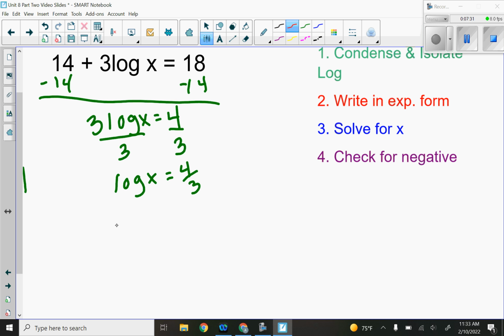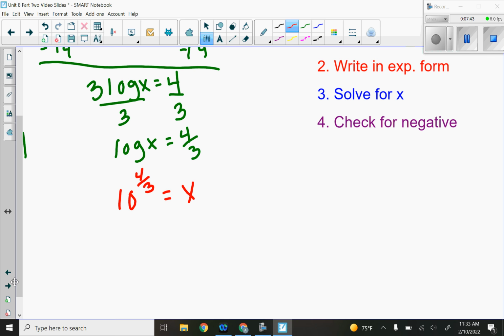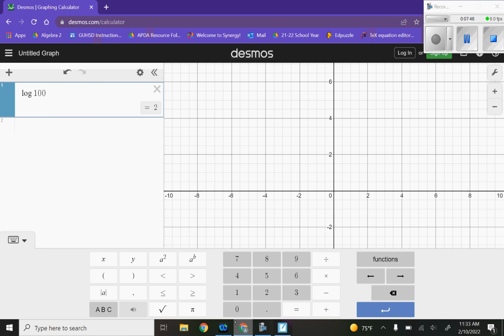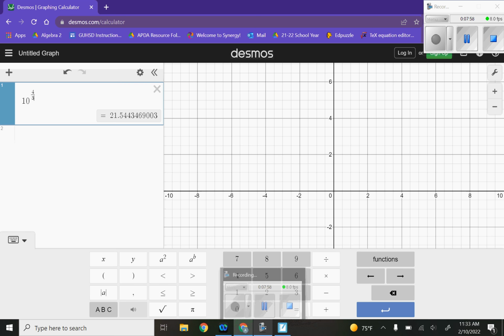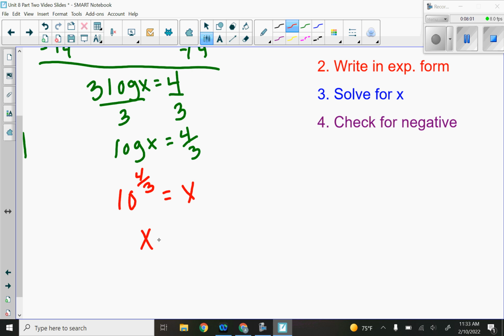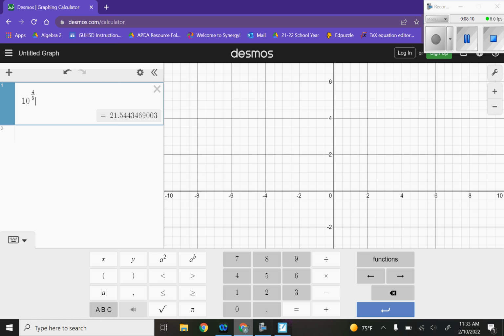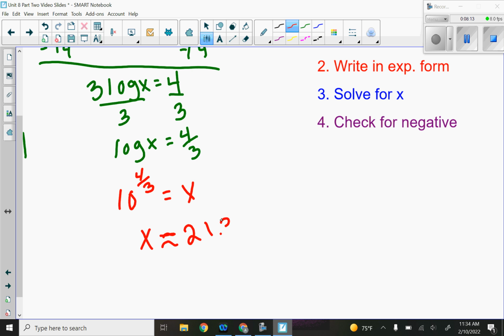Remember, if you have just log, that is a base 10. So 10 to the 4/3 power equals x. If I were to take that, let's do 3 decimal places, x is approximately 21.544.